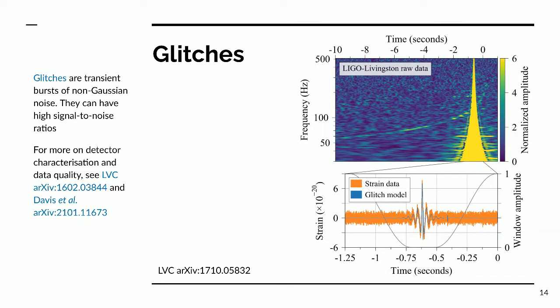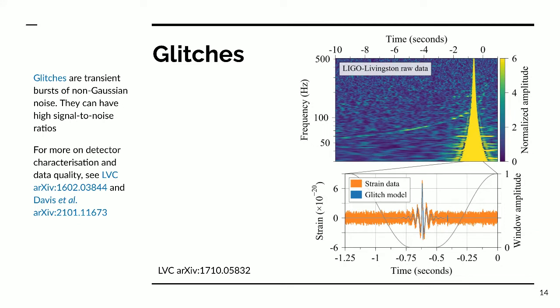If we wanted to quote one overall false alarm rate, then we should put in a trials factor. We don't do that. We just quote trials factor per analysis. That's because calculating a trials factor between pipelines is quite involved.